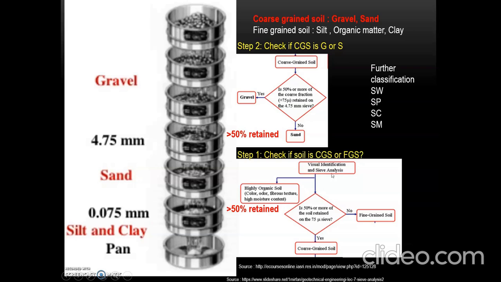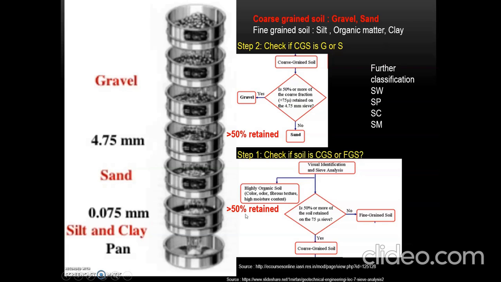Now, exactly we need to know whether the soil is coarse-grained or fine-grained. For that, we will have to check how much percentage of the soil is retained on 75 micron sieve, because we know that the soil particle retained above 0.075 mm will be the coarse-grained soil. Out of which, if 50% of the soil is retained on 75 micron sieve, then the soil is classified as coarse-grained soil.